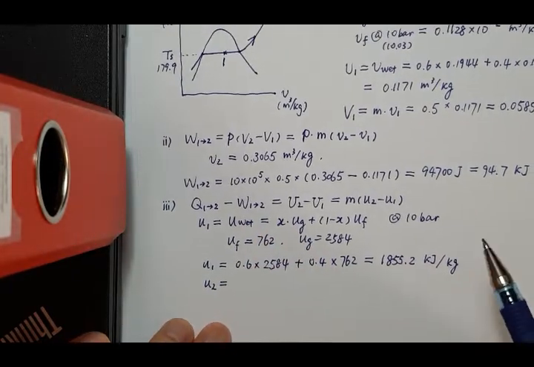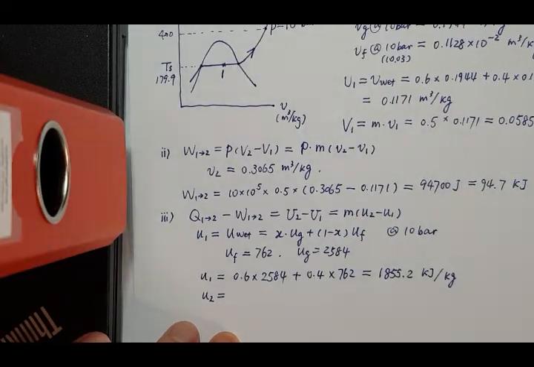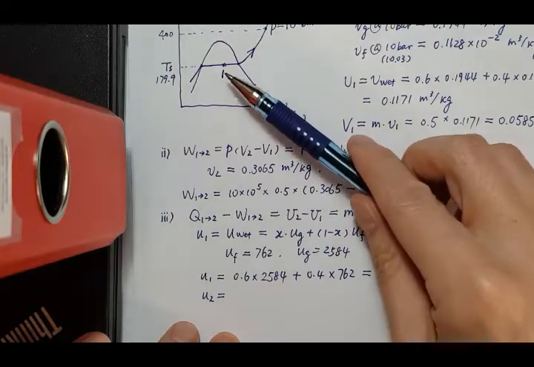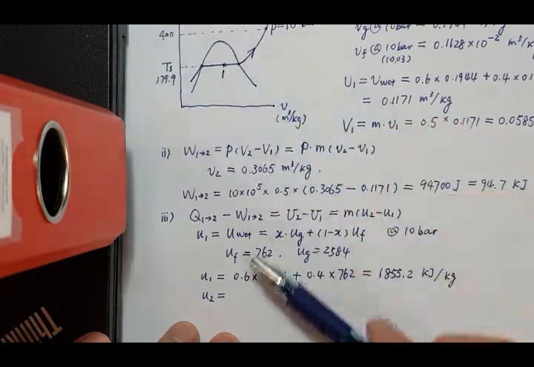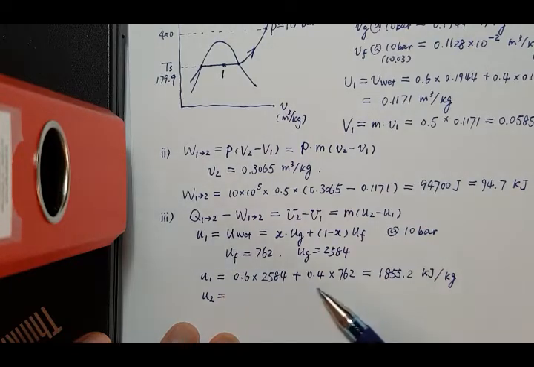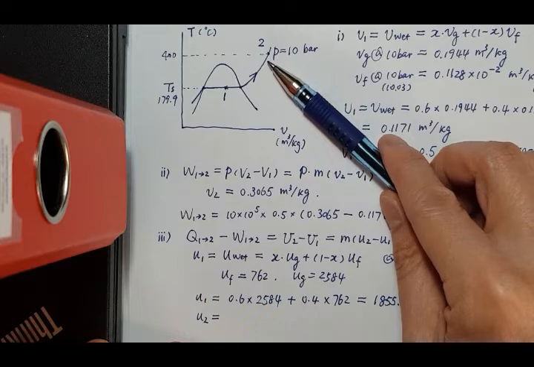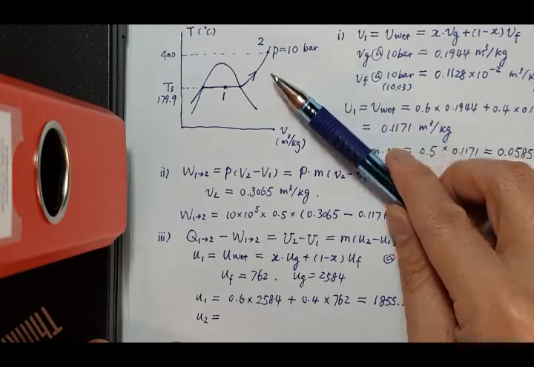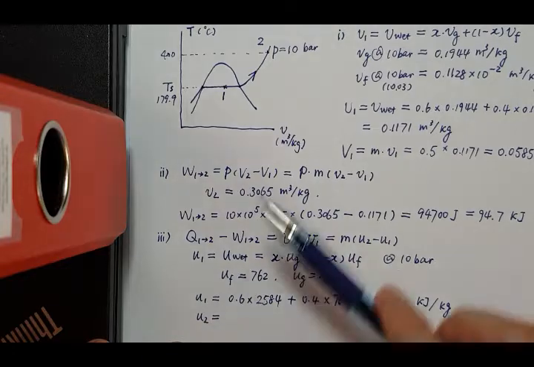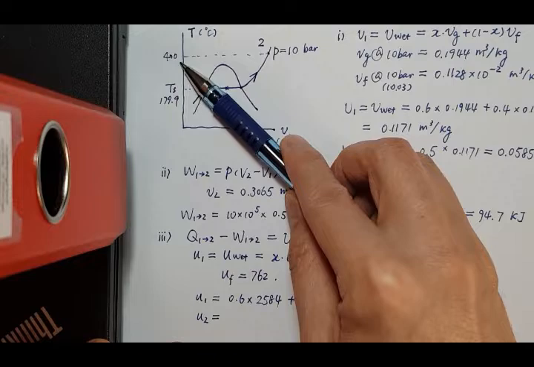So we need to always check the phase first of all, so that we know which section of the steam table we are going to use. Because state 1 is a wet vapor, we use that equation to find u1. However, state 2 is superheated, so we need to use the superheated section to find the u values, using the pressure and the temperature.